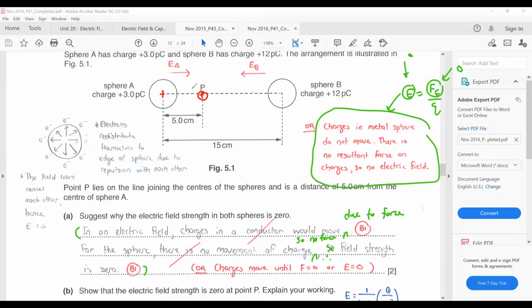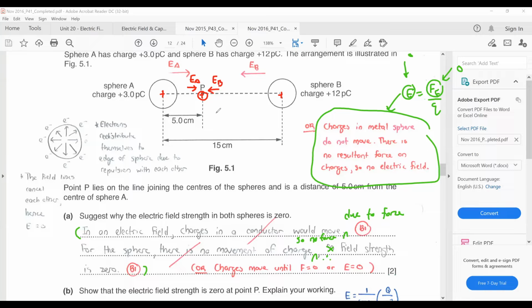It will be towards the right, isn't it? And likewise, your electric field strength due to A will also be towards the right. So EA will be towards the right. Sphere B is also positive. This is positive, this is positive. The force on the test charge here would be towards the left. So the field strength due to B will also be to the left.